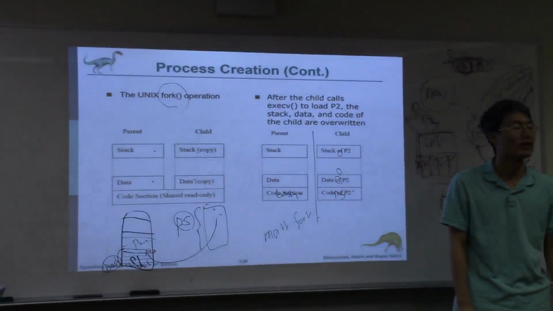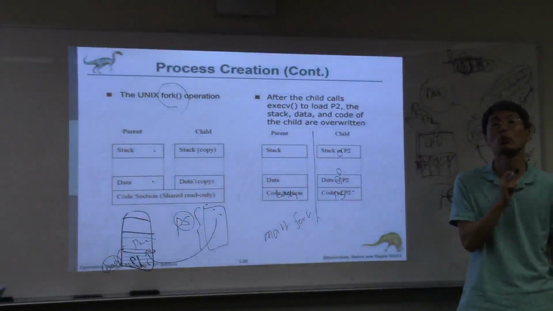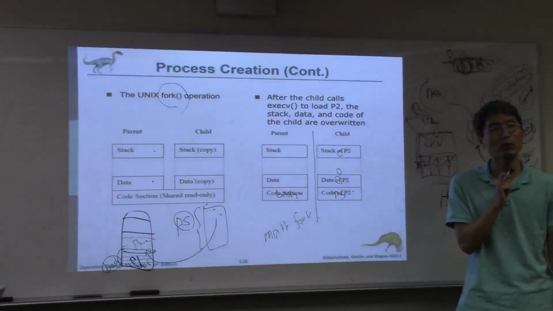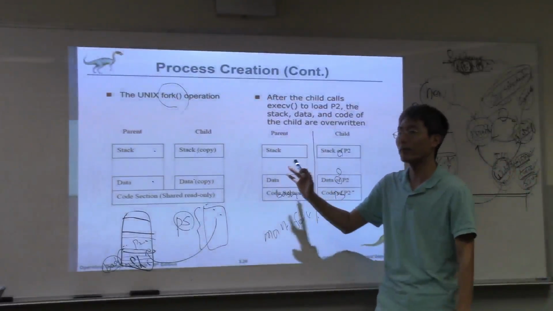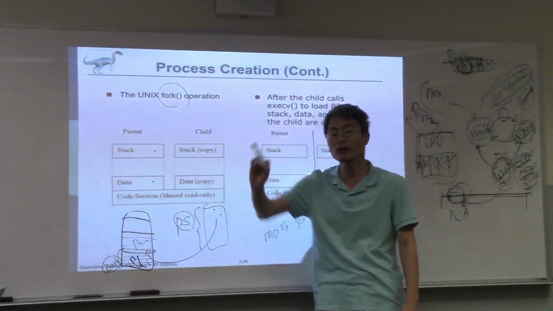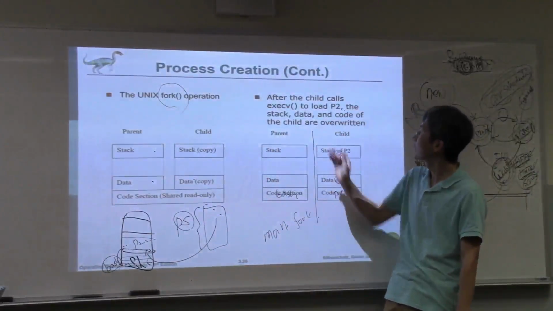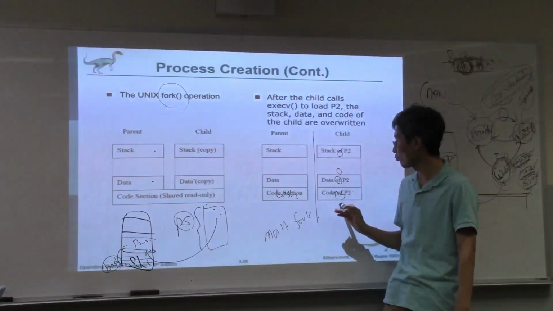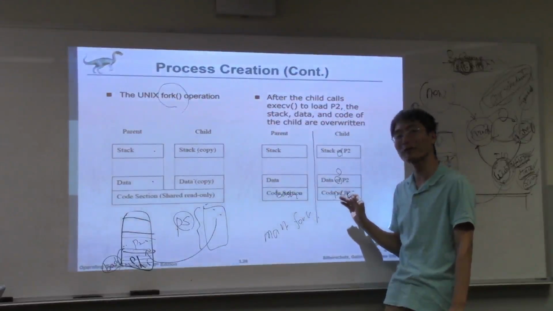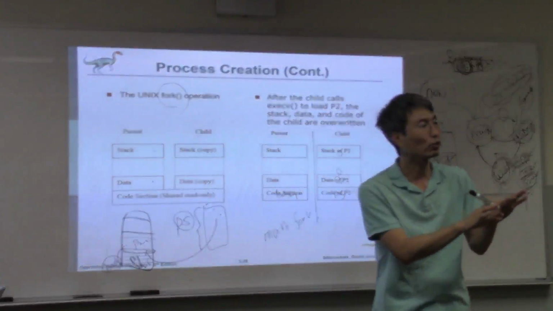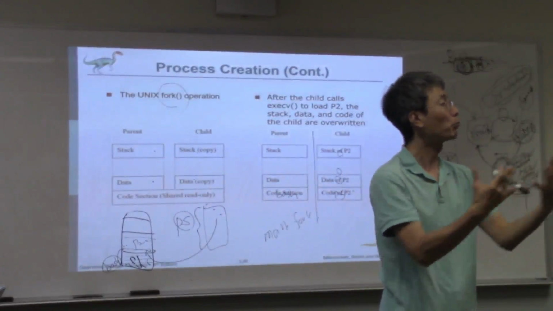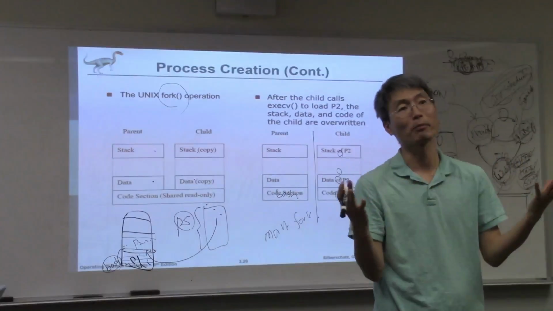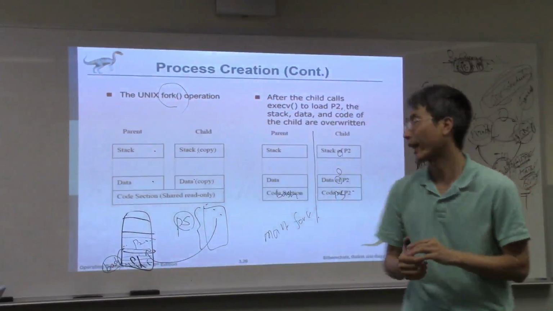That's your job in your project A. In the first project, you need to implement a program that can fork, execute the fork, then EXEC, with the assignment of the program code of whatever you enter as input. That is the main job of project A.